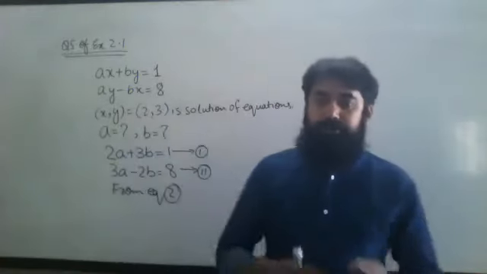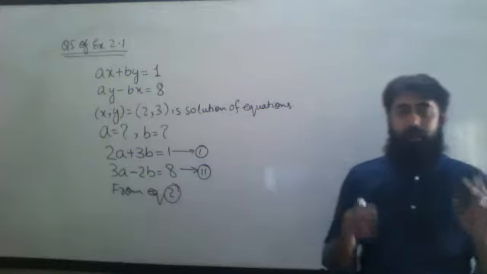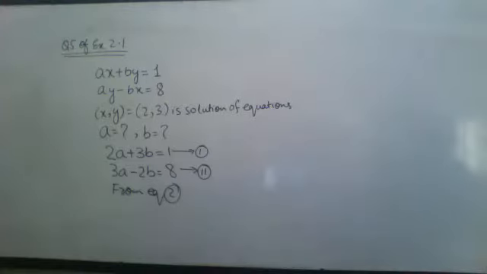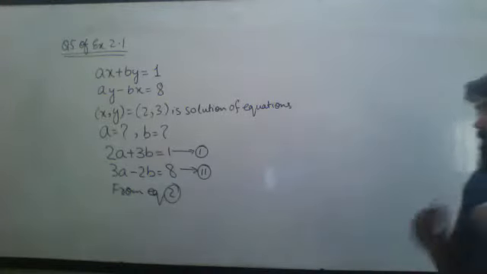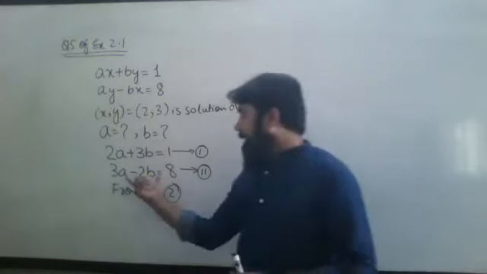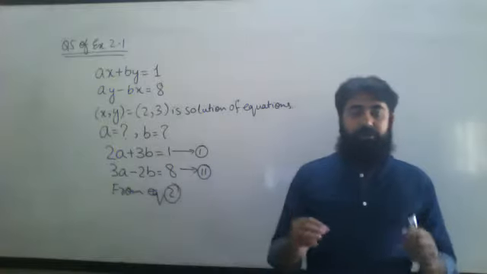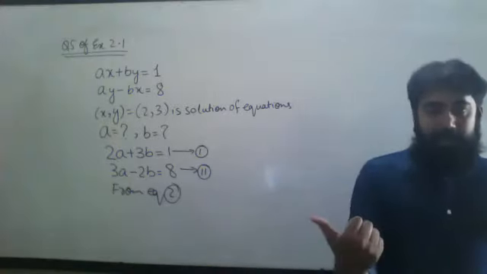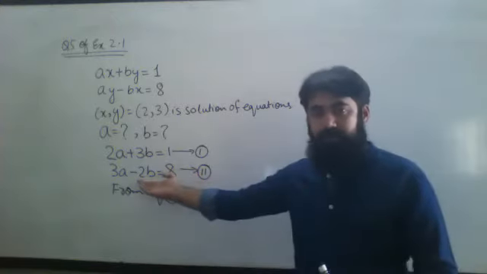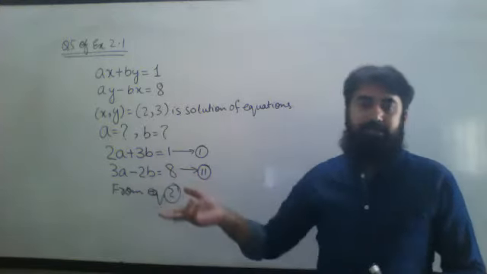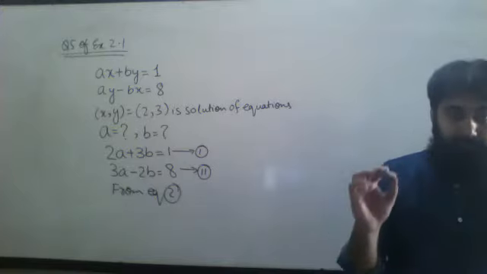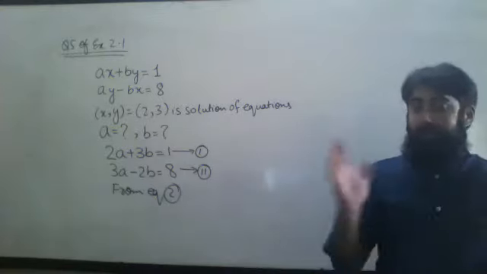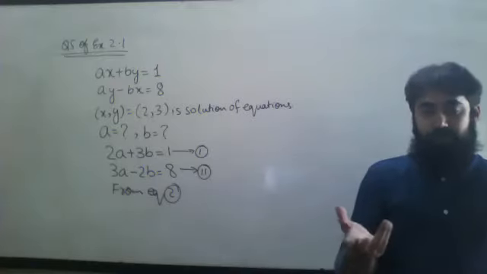Now in this equation, you can select any variable to make it the subject. It is totally your choice. Either make a the subject or b the subject from this equation.